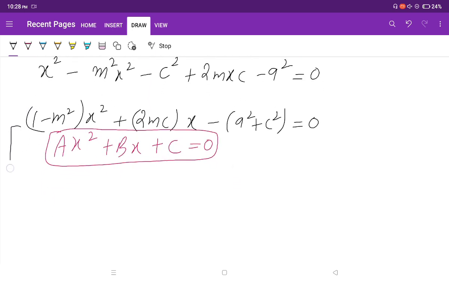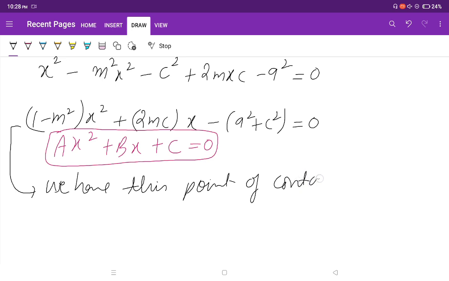Now for this equation we have the point of contact at infinity, right? The line, the asymptote, is touching the curve hyperbola at infinity.